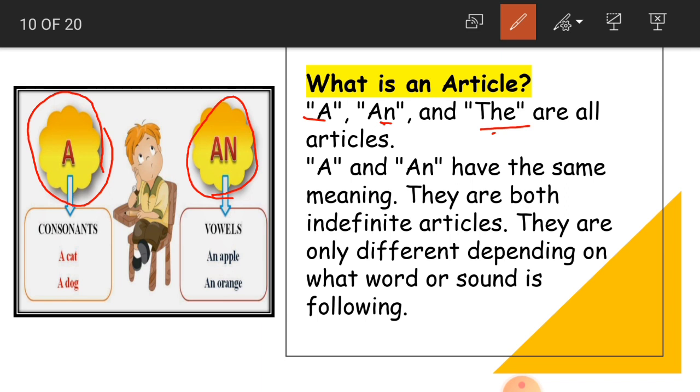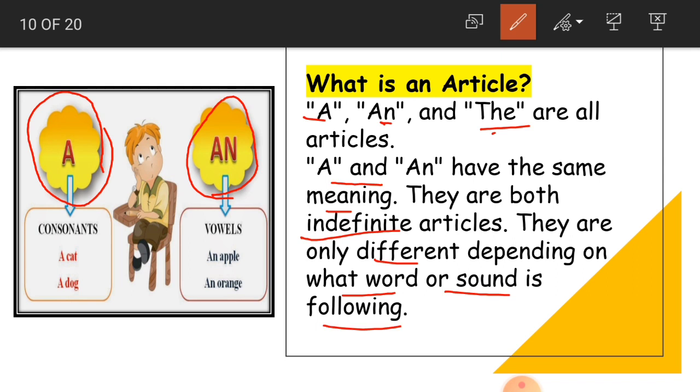A and an have the same meaning, and both of them are indefinite articles. Again, children, in articles you have the definite article and the indefinite article, whereas a and an are the indefinite articles, and the becomes the definite article. They differ only depending on what word or sound follows.